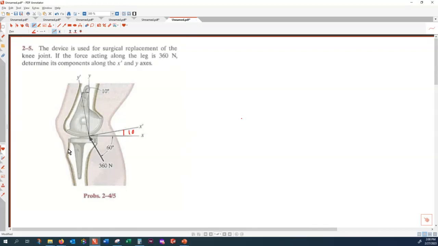And now if I want to project f over x prime, all I have to do is 360 multiplied by the cos of this total angle, cos 60 plus 10, which is cos 70. All right, so that is fx prime. What if I want to find fy?